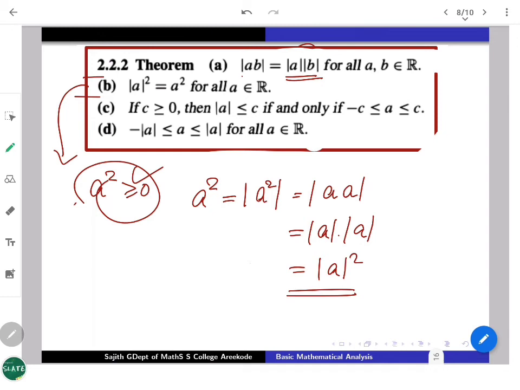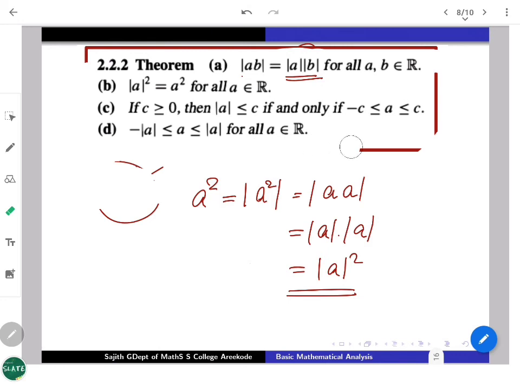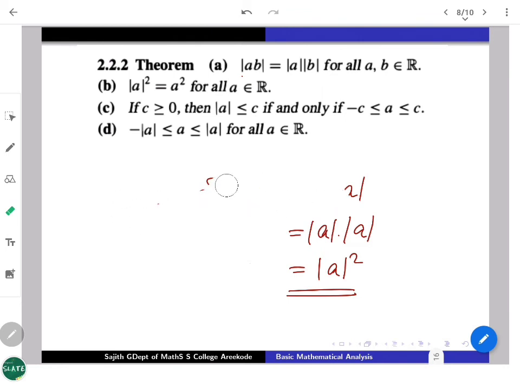Now look at the third one. It is still geometrical. What does 3 say? C is a non-negative real number. With that C, we compare with A. The full statement is something like this.